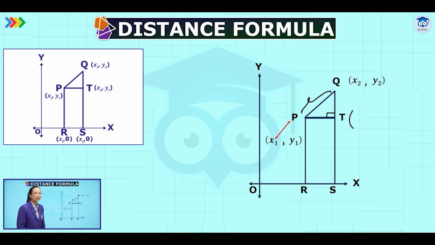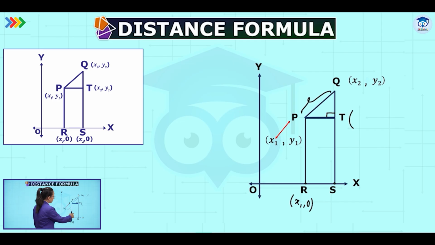So for that we require these points. Now we know that this is (x1, y1). So this point is nothing but (x1, 0) because this is on the x-axis.